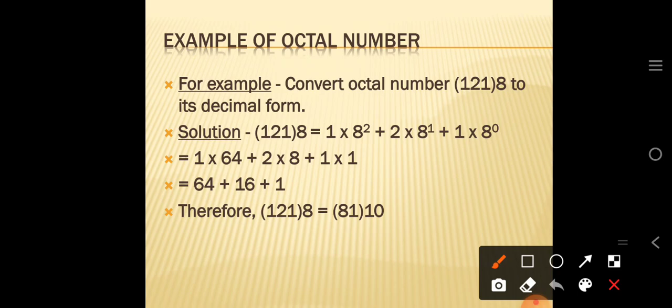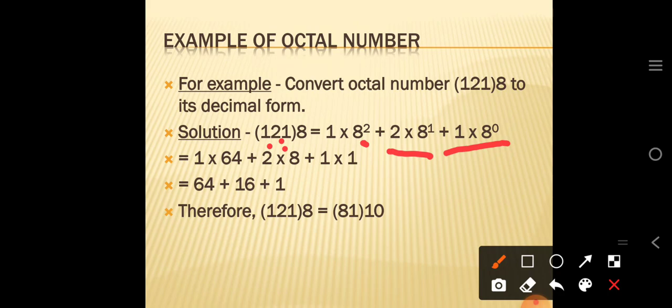The first digit has power 2, plus the second digit, 2, into base 8 with power 1. Now the third digit of this octal number is 1, so we write 1 into 8 raised to the power 0, as this is the last digit, so the power of 8 is 0.